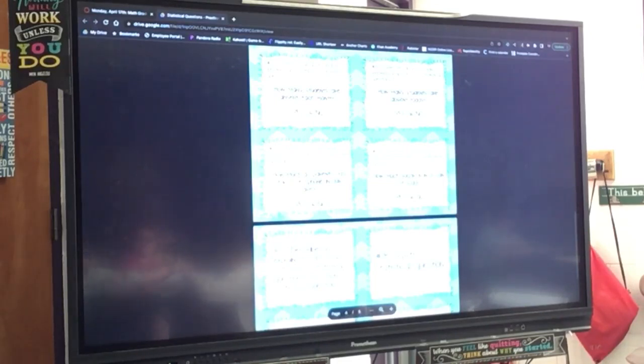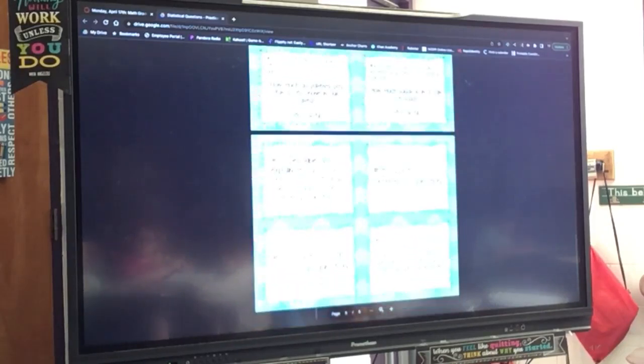All right. 17, 18, 19, and 20. These are your last ones. So 17 says, describe and explain the difference between a statistical question and a non-statistical question. Again, you should be able to answer that. 18 is to write a statistical question, 19 is to write a non-statistical question, and number 20, it says, why are statistical questions important?